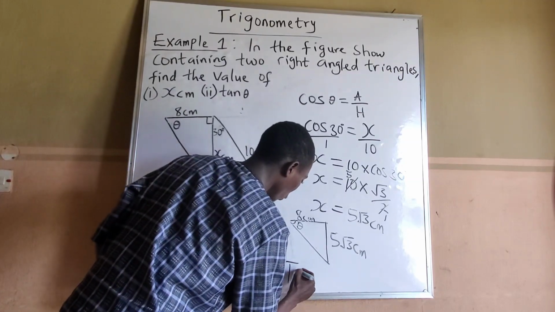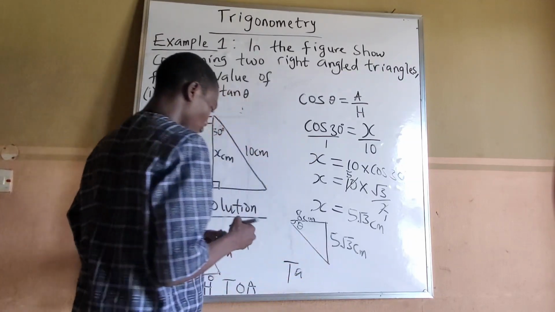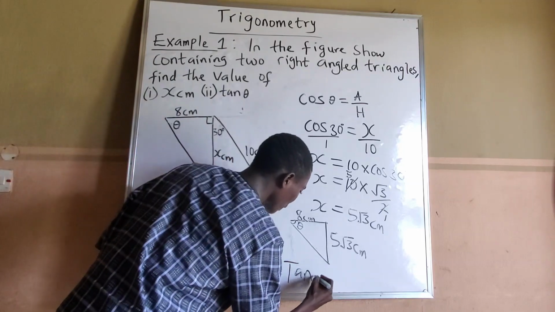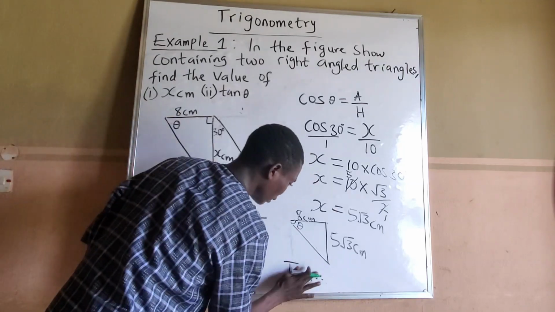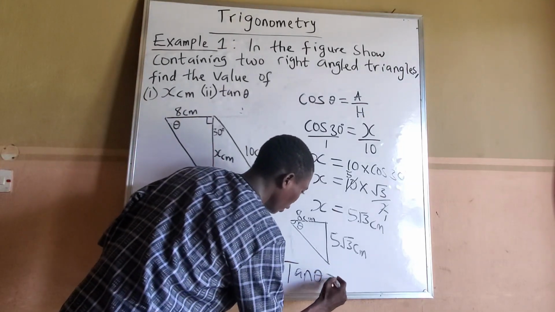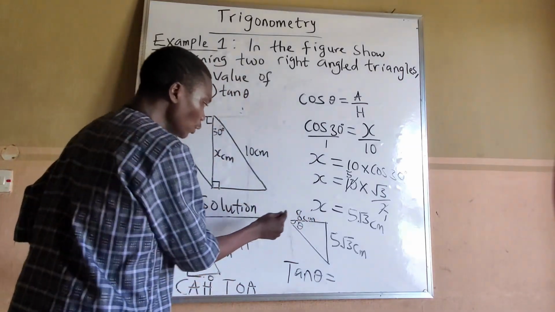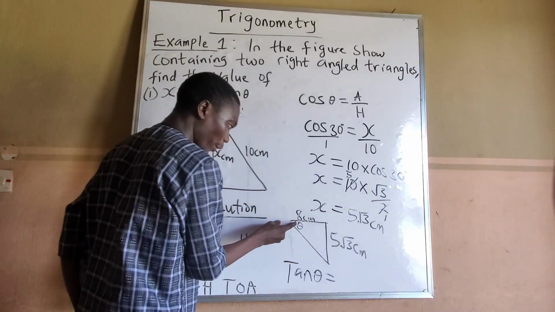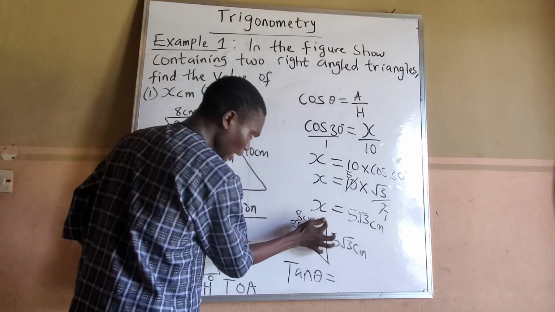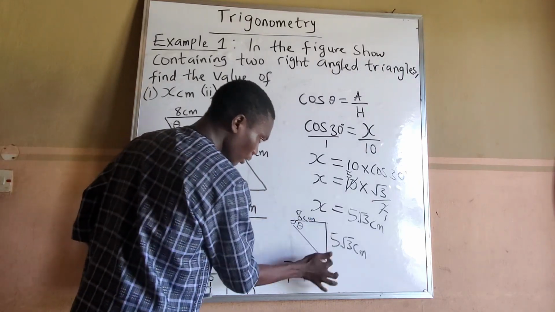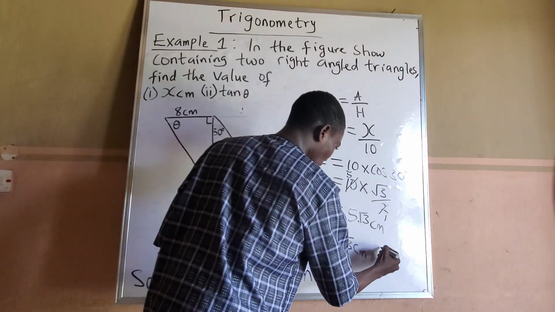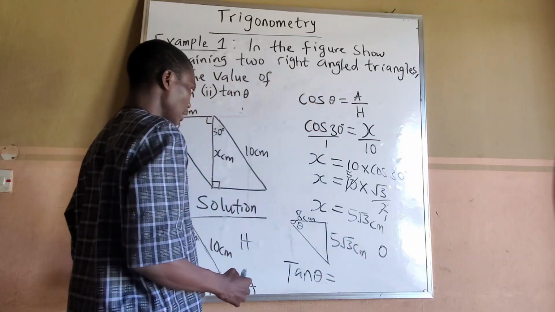If you look at this diagram carefully, let me write this. Tan theta equals to, now if you look at this shape carefully, you see that the angle is here, right? The side that is facing this angle is referred to as the opposite side, as I've said earlier.